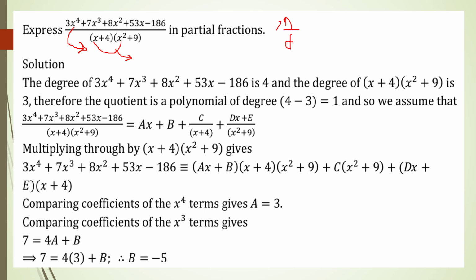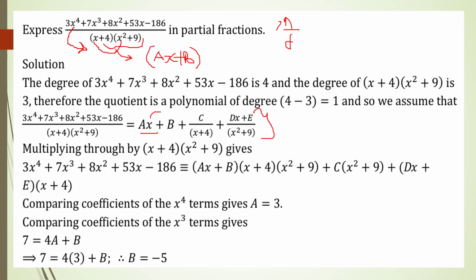That means that after dividing, you're going to get a linear factor, which is going to be the same as x plus b. Then later, you partialize your fraction according to the denominators. That's why you're seeing this expression. So you're having x plus b, then plus c divided by x plus 4, then plus dx plus e divided by x squared plus 9.